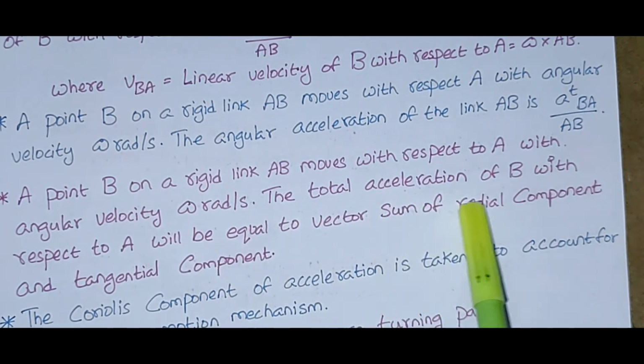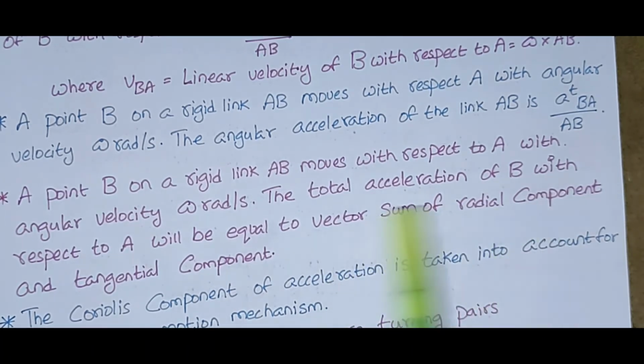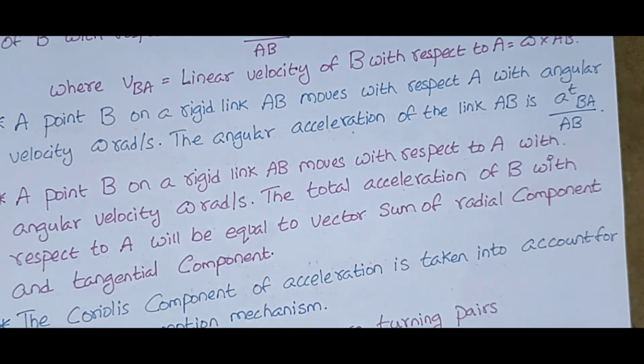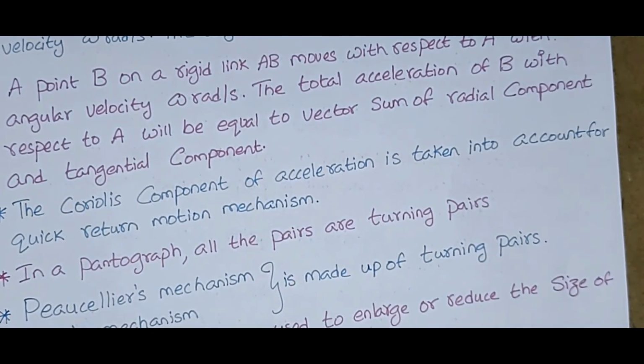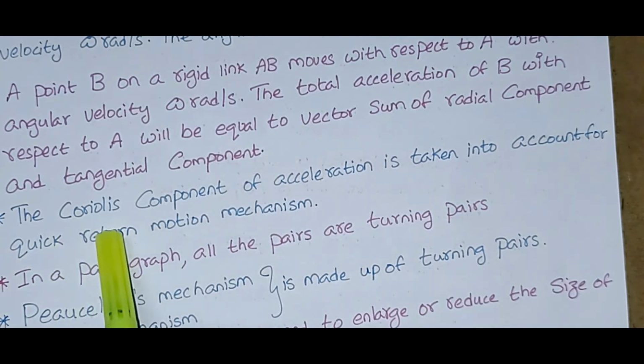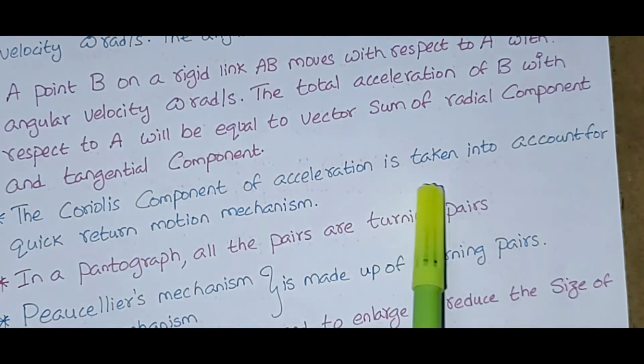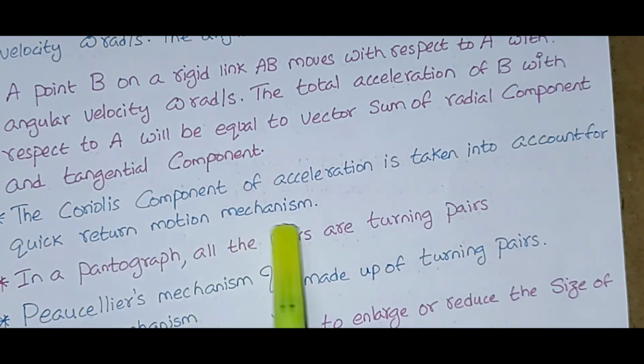The total acceleration of B with respect to A will be equal to the vector sum of radial component and tangential component. Next, the Coriolis component of acceleration is taken into account for quick return motion mechanism.